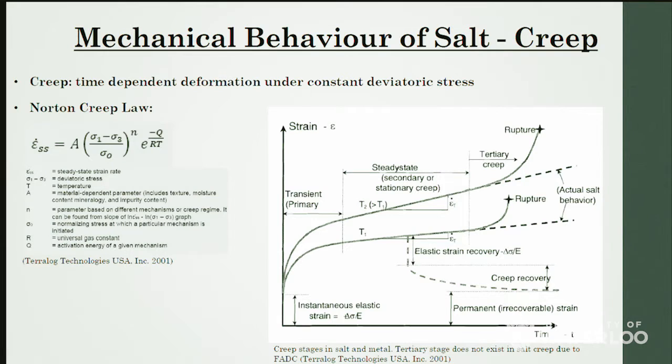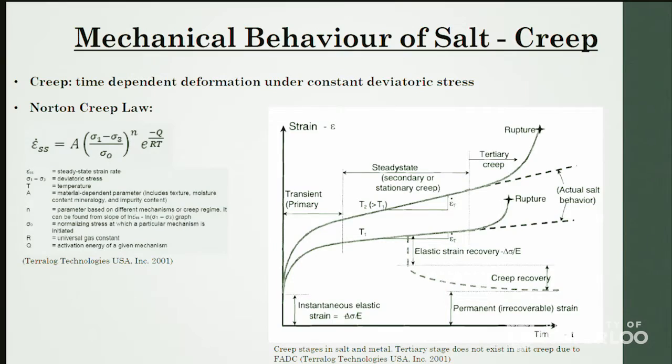If you take that equation and plot it on a log-log plot, then what you have is a strain rate and a stress difference, sigma 1 minus sigma 3, and there's a straight line there with a slope of n, so that gives you the creep rate at different deviatoric stresses.